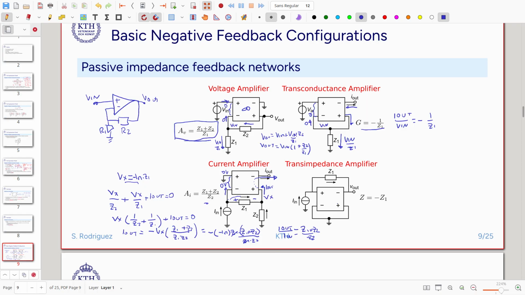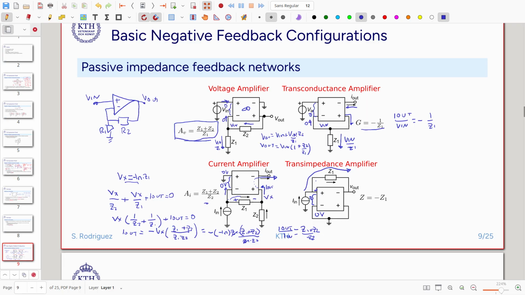stages. We have a last one here, the transimpedance amplifier. Same story, we have that the voltage here is 0. There is no current flowing in the ideal amplifier, so all this current has to flow through the feedback impedance theta 1. So what we have here is that this is 0 volts here.